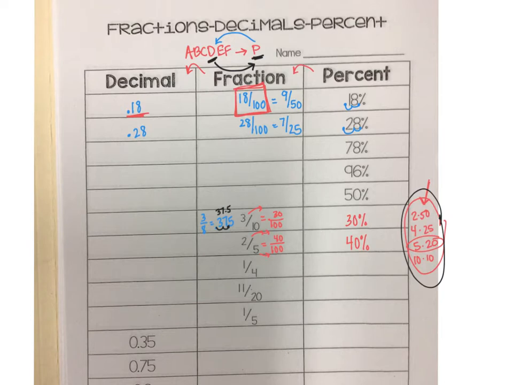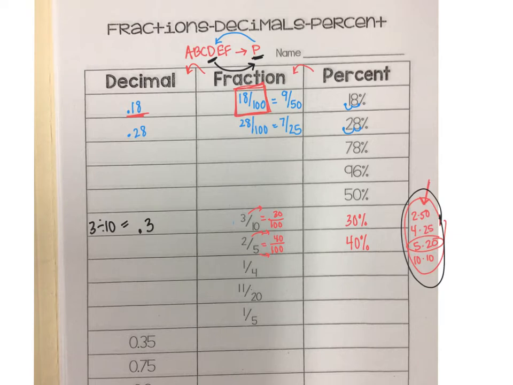Okay, let's talk about changing fractions to decimals. That's pretty easy. In order to change a fraction to a decimal, I take the numerator divided by the denominator. So I take 3 divided by 10. It gives me 3/10 or 30/100. Okay.